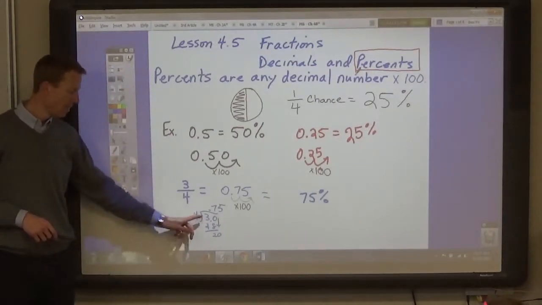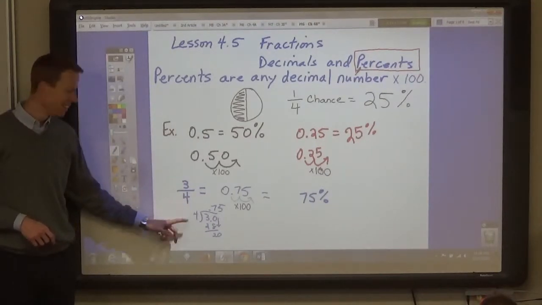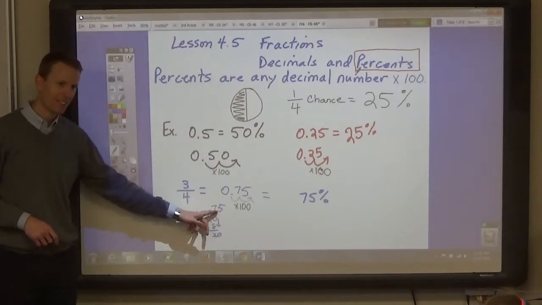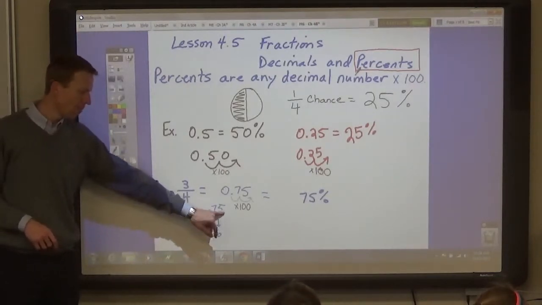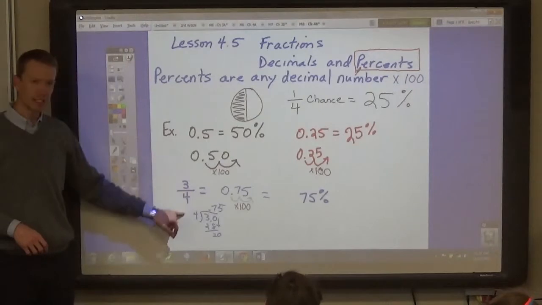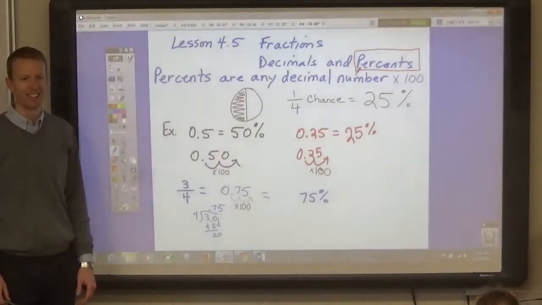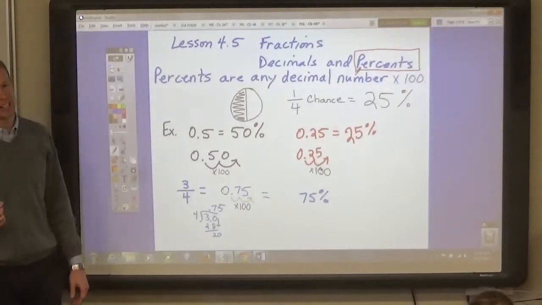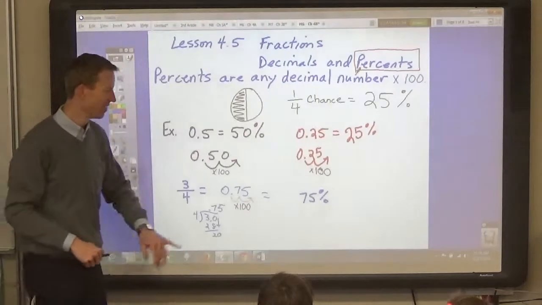Oh, you divide. Yeah, 3 divided by 4 goes in 0.75. Eyes up here, all eyes on the board. 0.75. So 3/4 as a decimal is 0.75, isn't it? Yeah. I think that's what you were trying to explain, but you were just going at it from a little different angle. Okay?